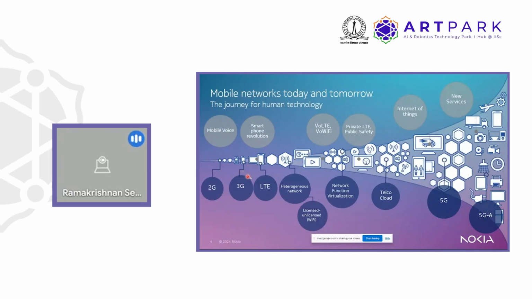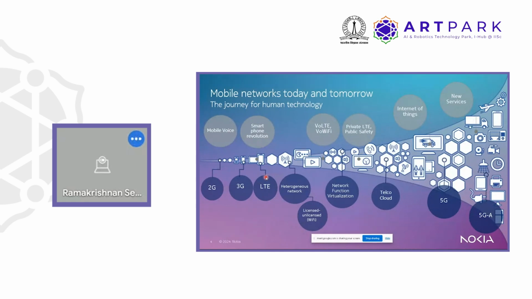This went on for a few years, and then we had LTE, which is Long Term Evolution. The idea was primarily to come up with a harmonized technology which could take care of all the flavors of 3G. Just to go back, 3G had an FDD and TDD variant.